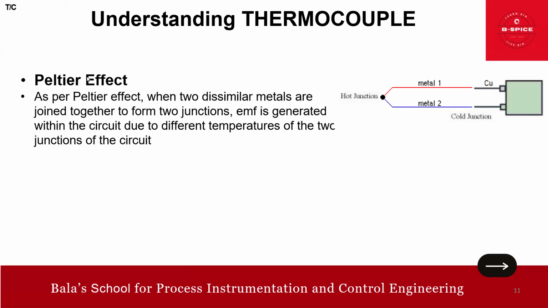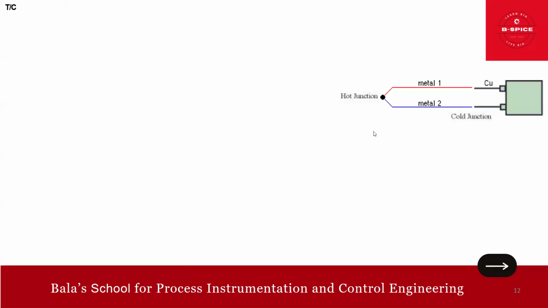Then Peltier. As per the Peltier effect, when two dissimilar metals are joined together to form junctions, EMF is generated within the circuit due to different temperatures of the two junctions of the circuit. Two junctions of the circuit, Peltier.